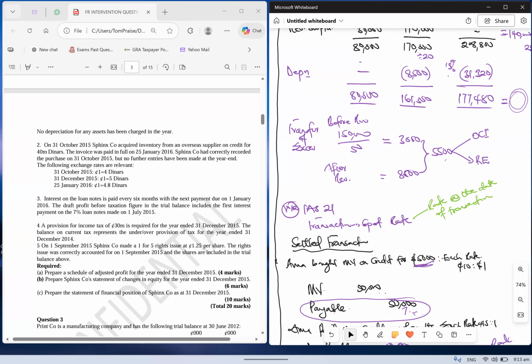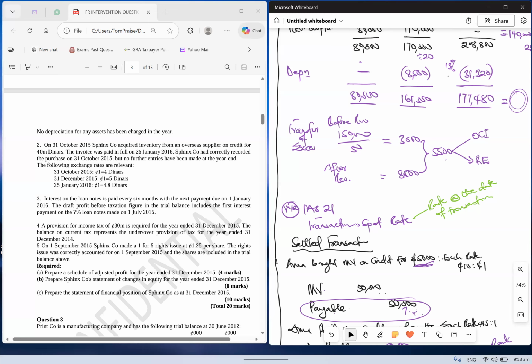For example, when they disallow your depreciation, they give you something in return. What is that thing called? Capital allowance. So that is why we call it a temporary difference. But when they disallow an expense in your accounts and they never replace it, it means that difference is permanent.